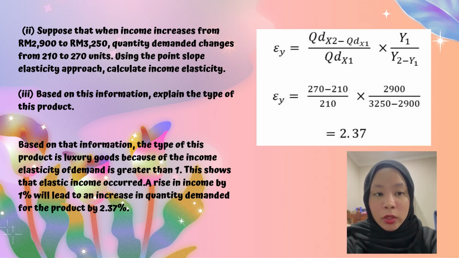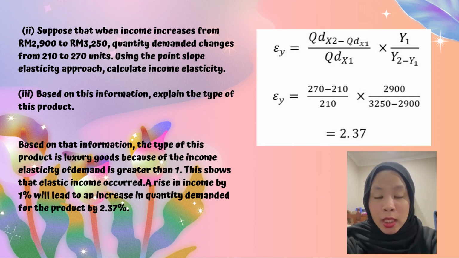So in order to get income elasticity, 270 minus 210 divided by 210, and multiply by 2,900 divided by 3,250 minus 2,900, equals 2.37.